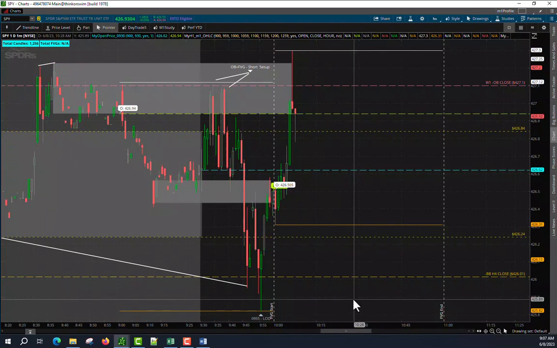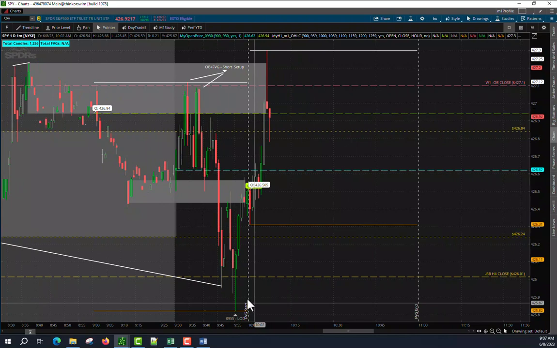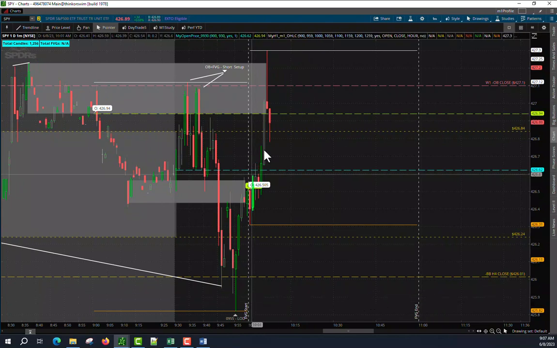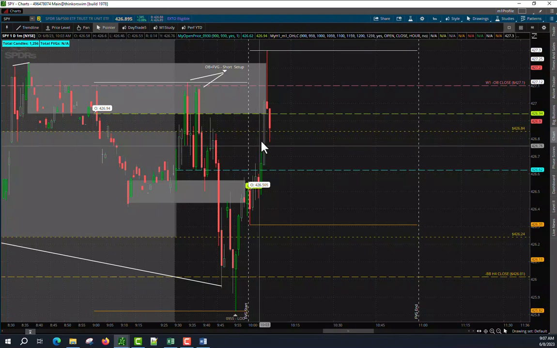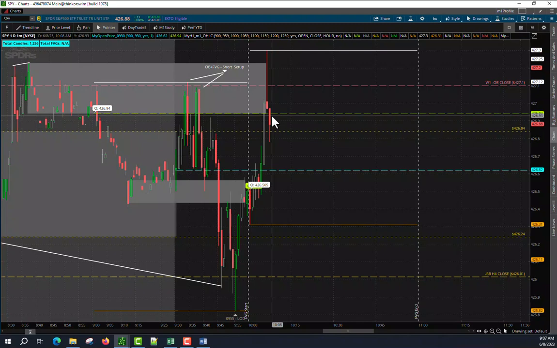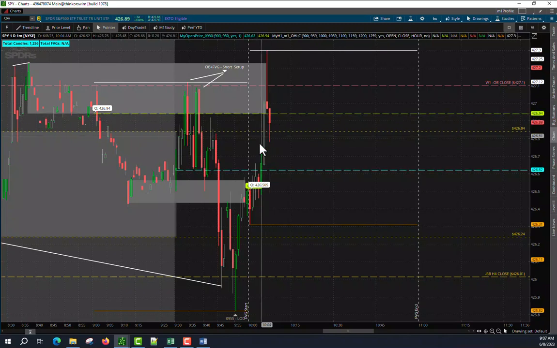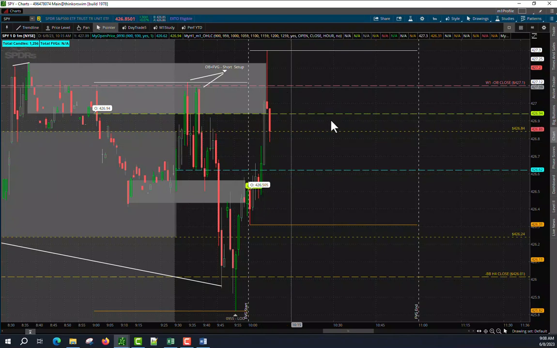And also remember right here in this hour 10 and 11, we will track down the fair value gap. The fair value gap in this case is right here. So the fair value gap, the upside. So it retests the fair value gap, and goes up again.